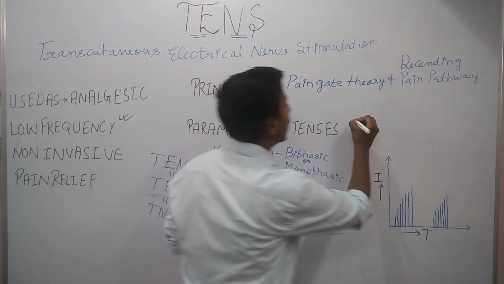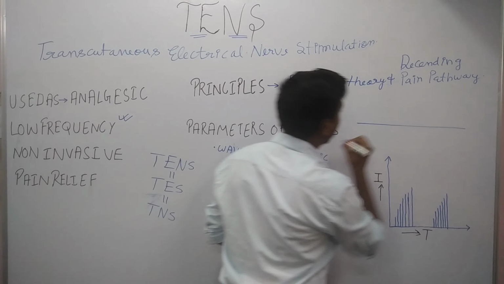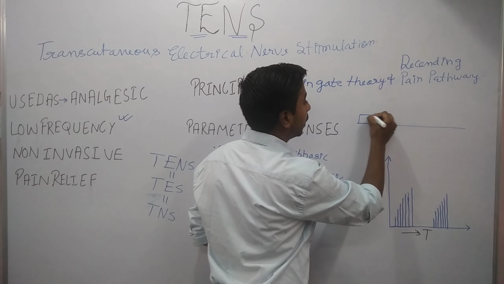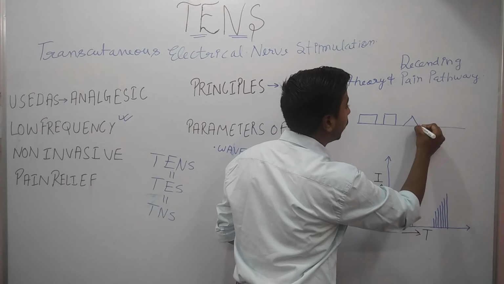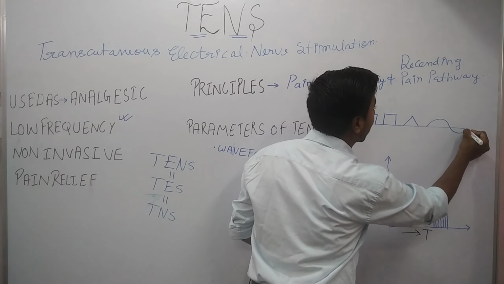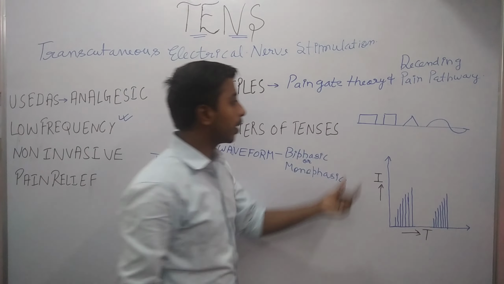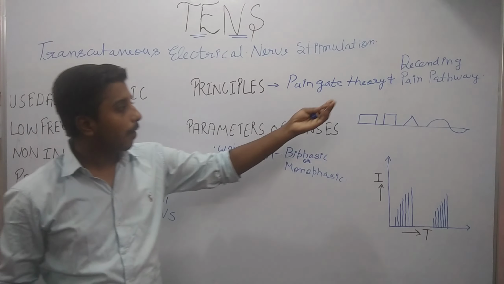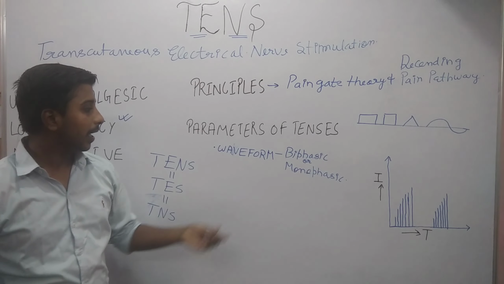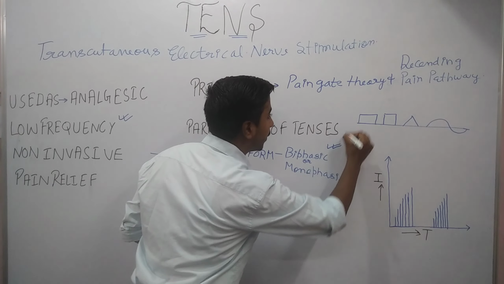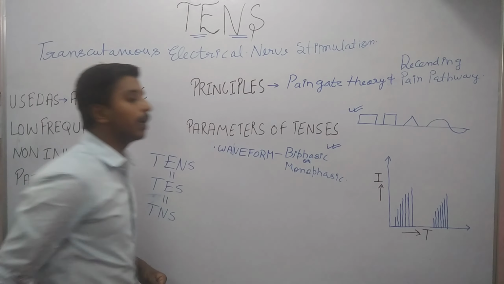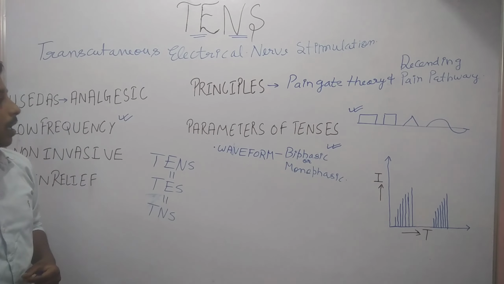The impulses can be rectangular, triangular, or sine-like curves. So there are different types of waveforms seen in TENS, but most commonly it is biphasic and rectangular.